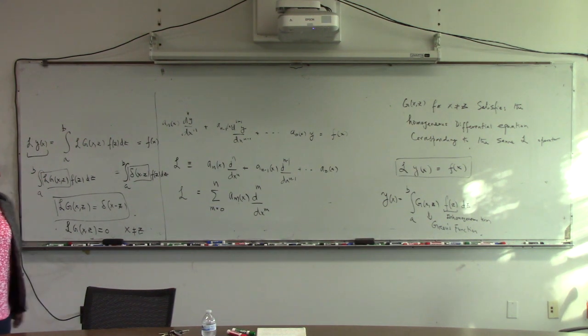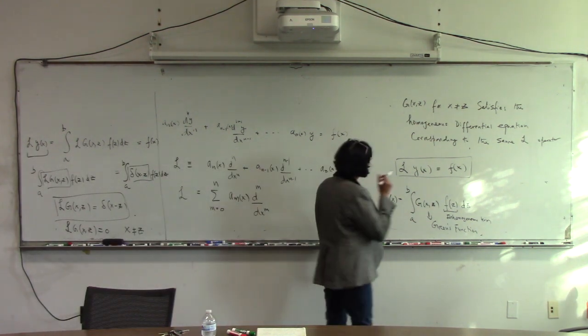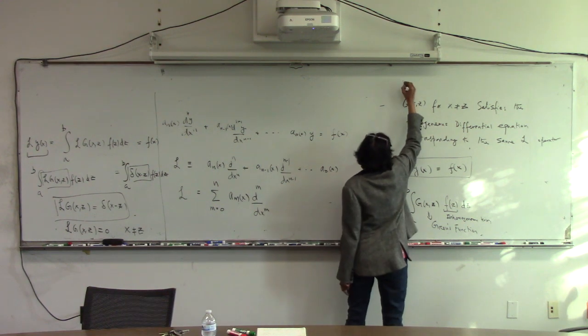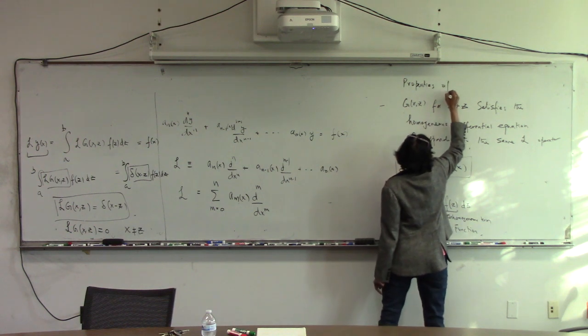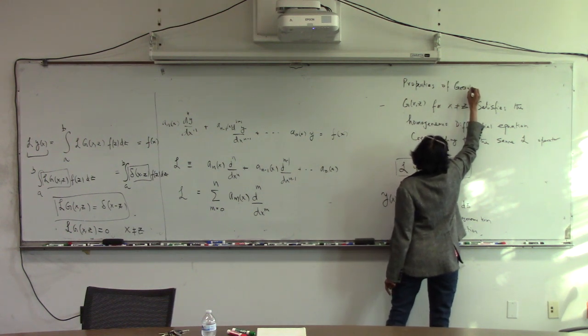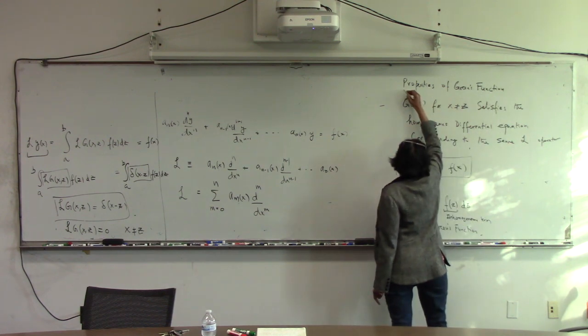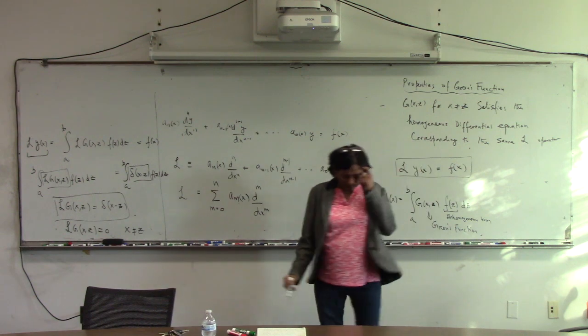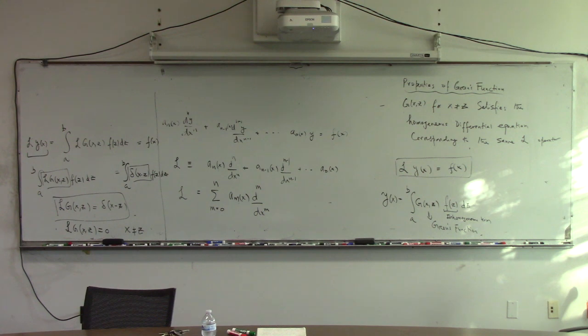Now, what else do you know about the Dirac delta function? Is there any property that you have learned in quantum mechanics of the Dirac delta function that we can exploit?